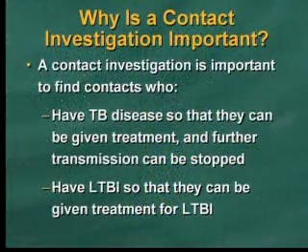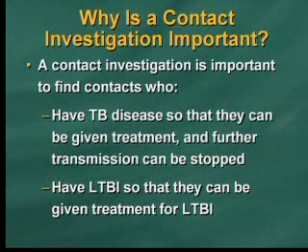So we want to know who has the TB disease so they can be given treatment and further transmission can stop. We want to intervene in the spread of disease. That's our main goal, is to intervene. We want to cut down the next case, the secondary case. We don't want this thing to keep going and going and going like the Energizer bunny.